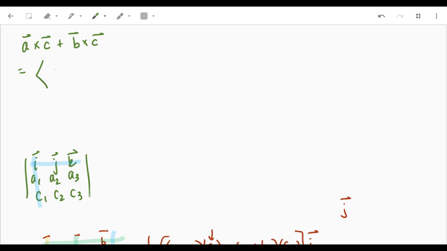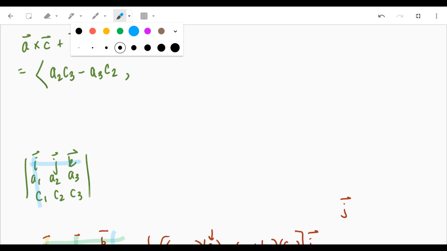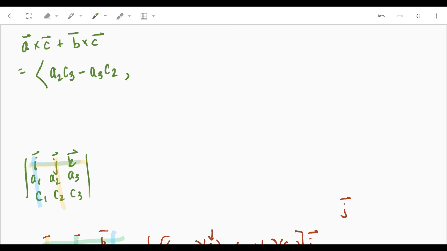we will have A2C3 minus A3C2 for the I, and then for J, I will have negative A1C3 plus A3C1.